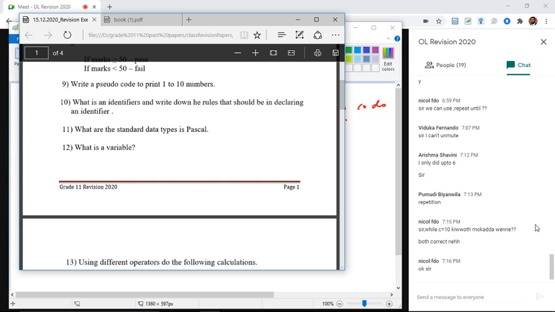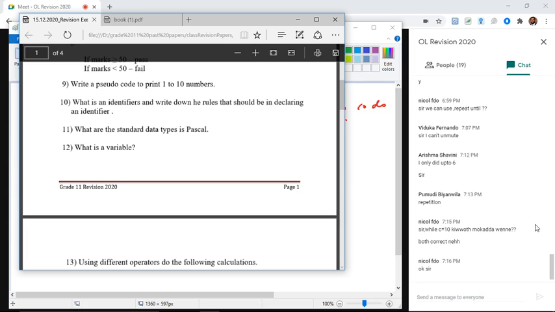Can we put an underscore after the first letter? Yes, can. Only the underscore we can use. Can you use a space between the variable's name? No, can't. So like that many rules are there. I'll show you with the note.